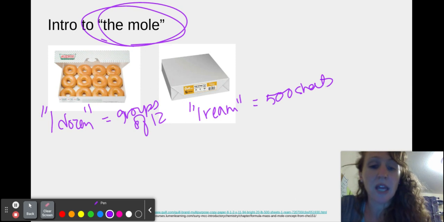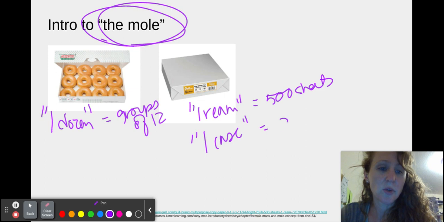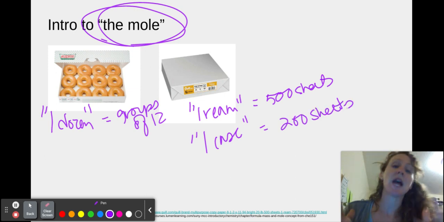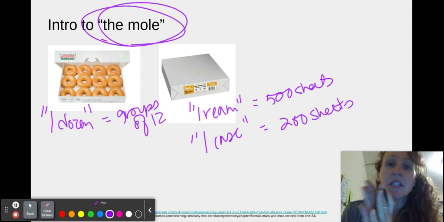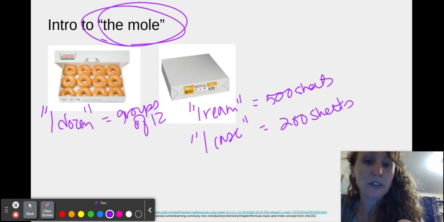Or maybe a case. 1 case. I actually don't know how many pieces of paper in a case. Probably 200. Let's say 200 sheets. Right? So we do this with a lot of things. Instead of counting individual numbers, we count them in groups. And that's exactly what a mole is. It's a group of particles.